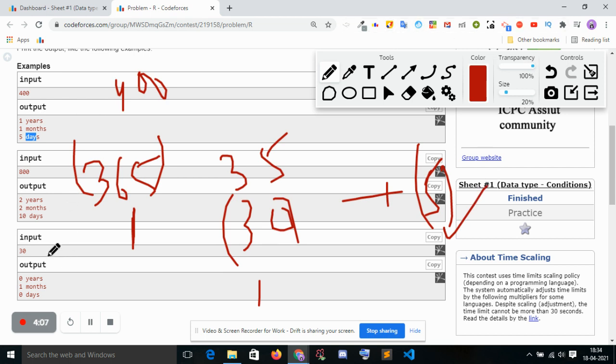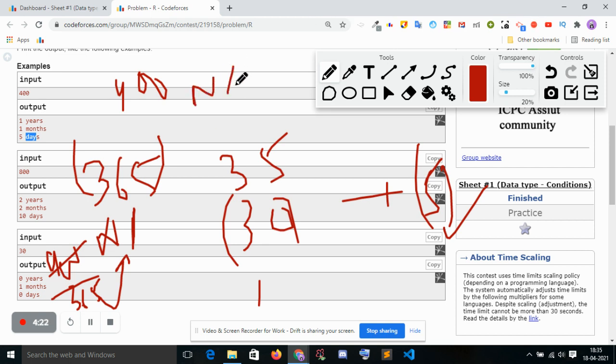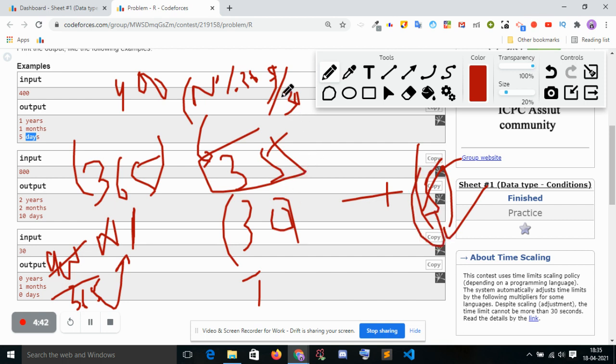You just write n divided by 365, which gives the number of years. Then n modulus 365 will give 35, and after dividing this number by 30, it will give how many months there are. For the days I have to use the modulus operator.